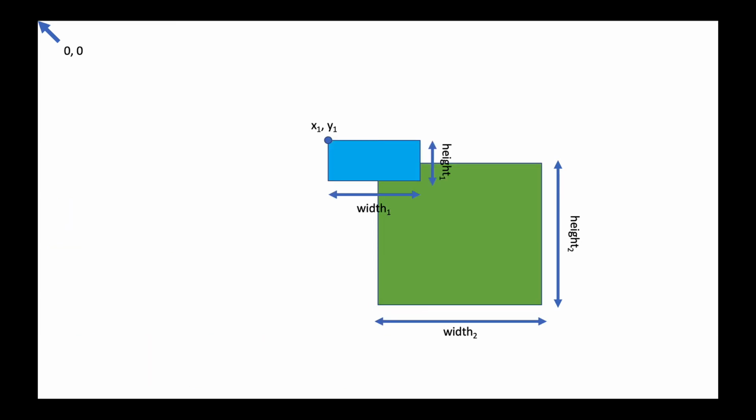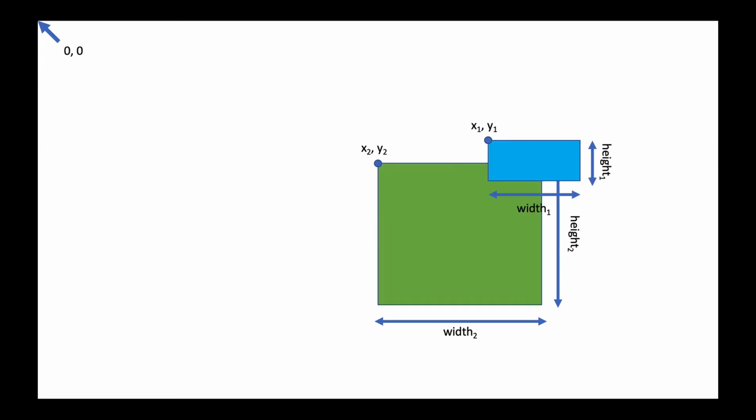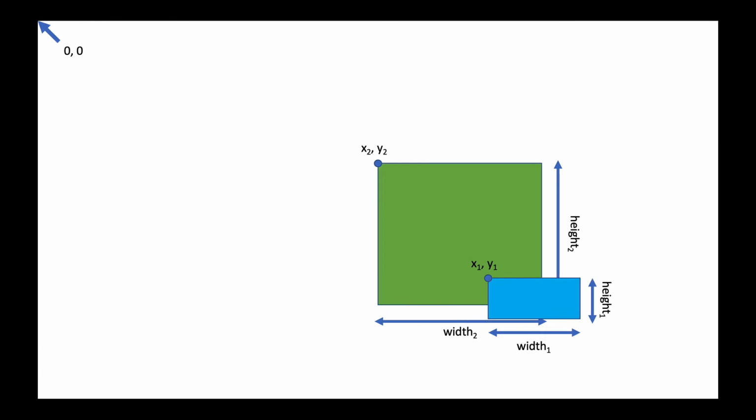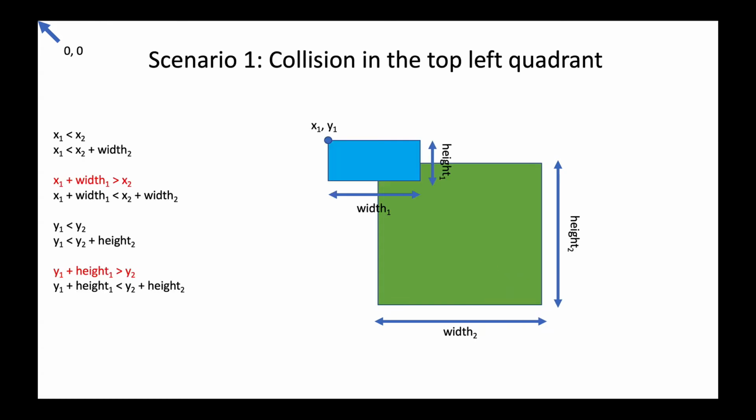So let's go back to our 4 scenarios. Looking again at scenario 1, the collision in the top left corner, you can see over here on the left that I have now added x and y coordinates, and I'm considering all of them, and I've highlighted in red the things that have changed from the default where we are not colliding.